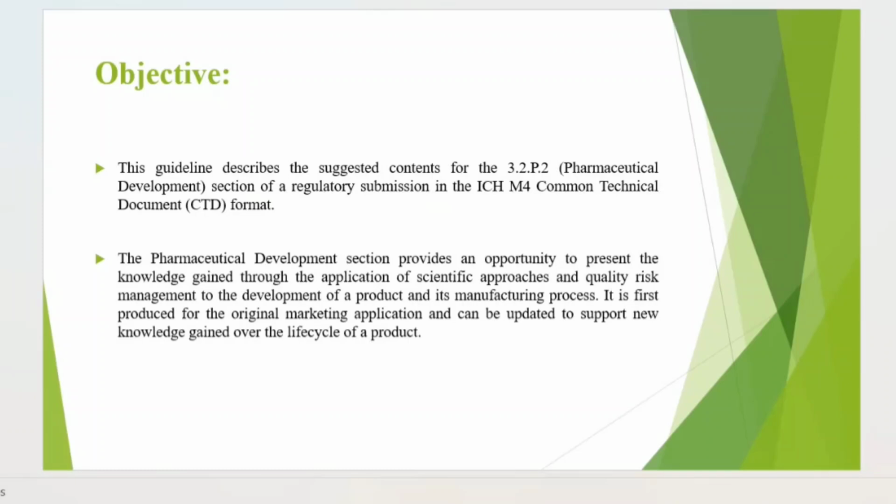The pharmaceutical development section provides an opportunity to present the knowledge gained through the application of scientific approaches and quality risk management to the development of a product and its manufacturing process.